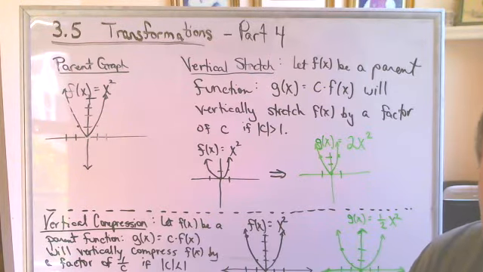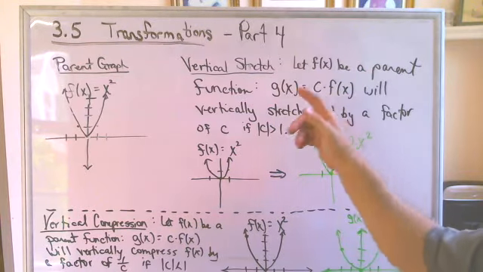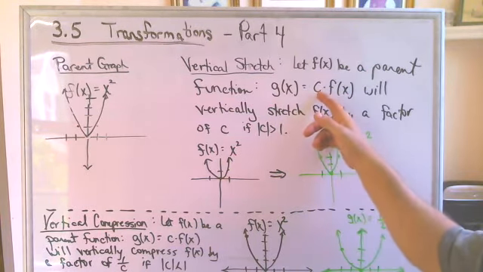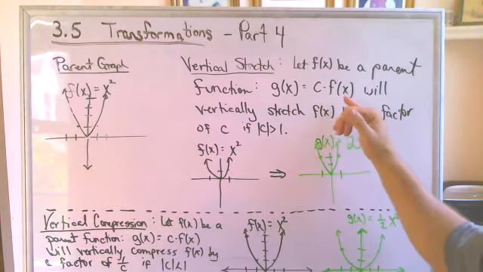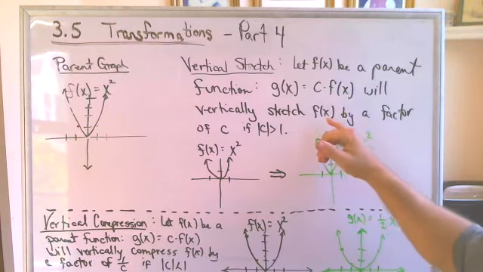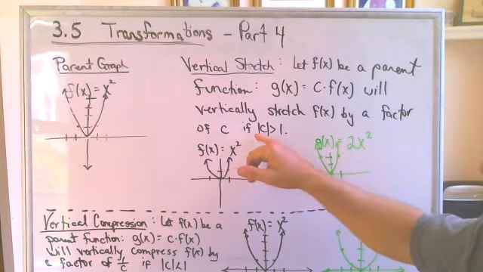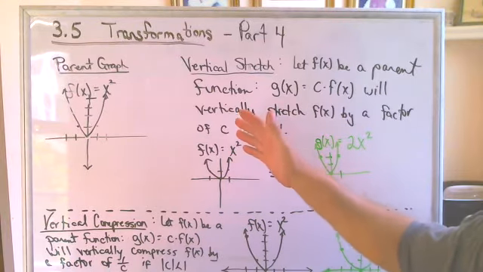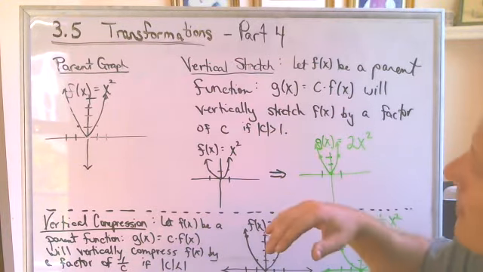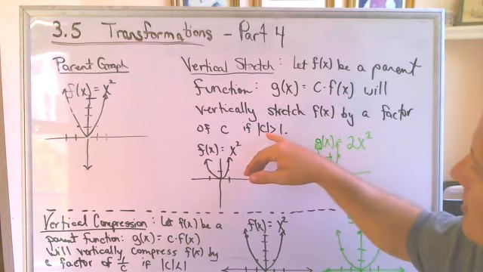So part 4, the vertical stretch: if you let f of x be a parent function, g of x equals c times f of x, where c is just some number, will vertically stretch f of x by a factor of c if the absolute value of c is greater than 1.